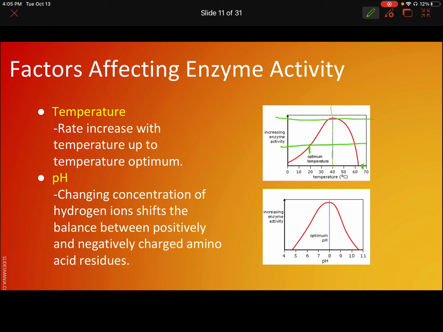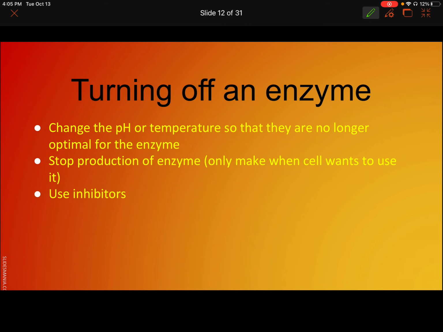So it really has a preferred range, and varying on either side of it is going to make the shape of the enzyme change, and that's going to make the enzyme not function anymore. So you can turn off the enzyme first by either changing the pH or the temperature so that they're no longer optimal. And if that happens, then you can shut down an enzyme.